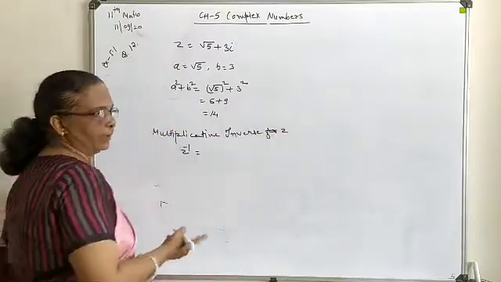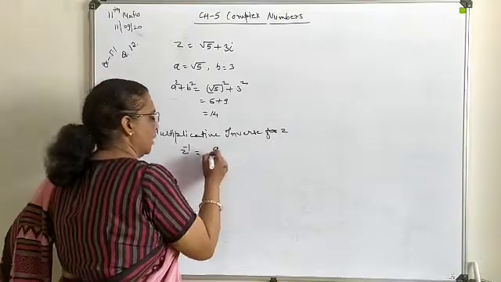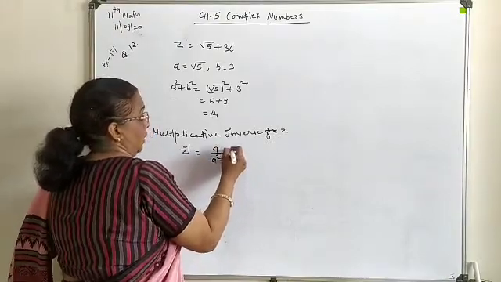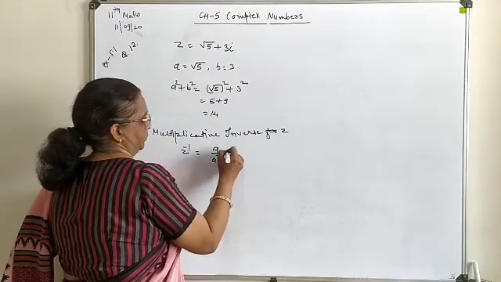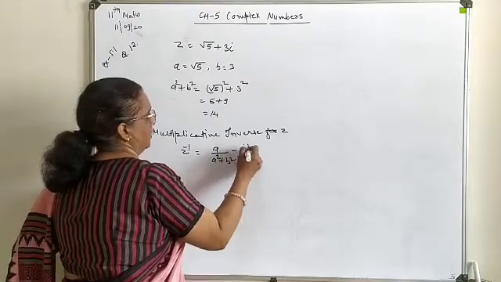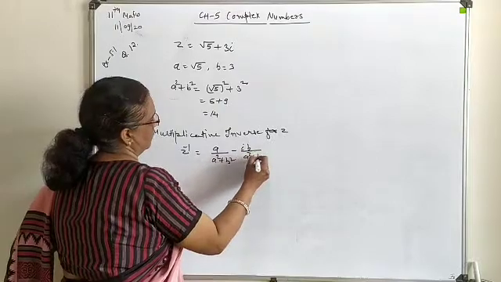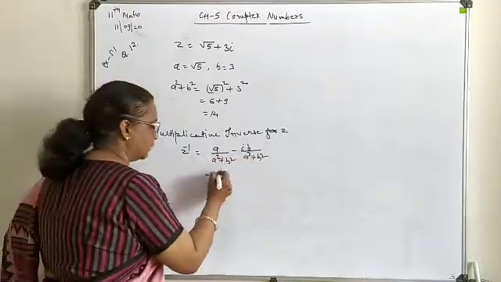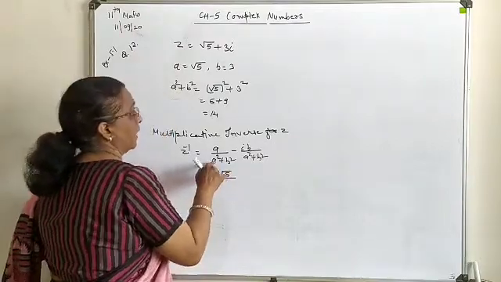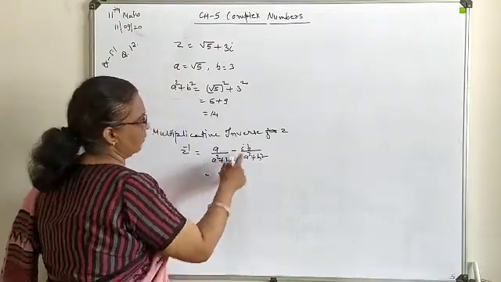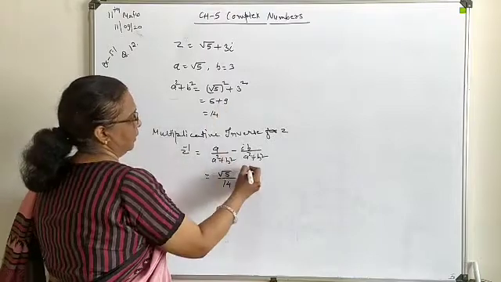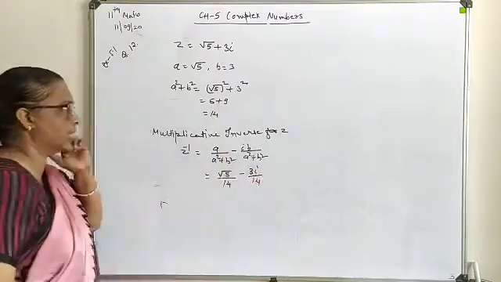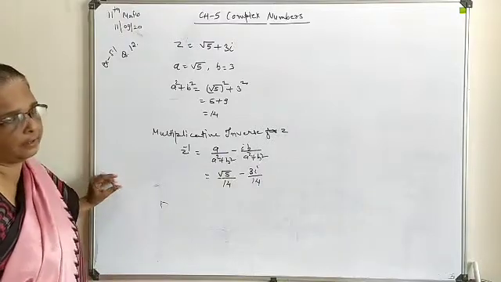The formula we have written is a upon a square plus b square minus ib upon a square plus b square. So substitute all the values here. That will be root 5 upon a square plus b square, which is 14, minus b, that is 3i upon 14. So this is the multiplicative inverse for the given z.